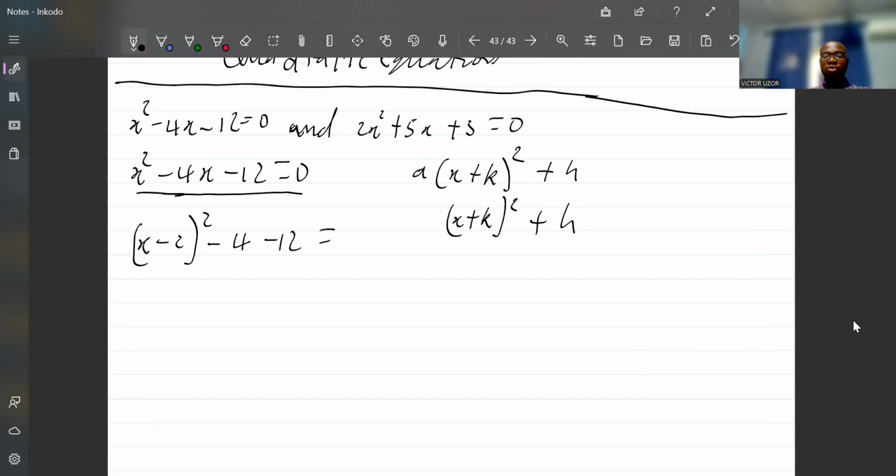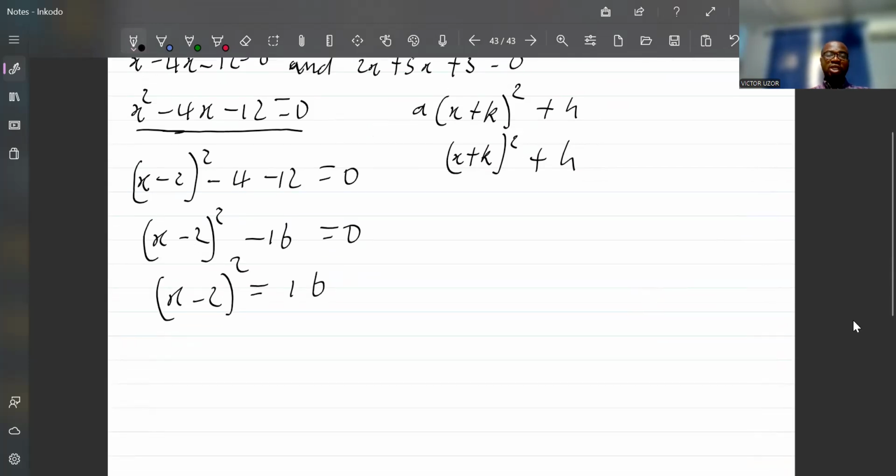Then I'll equate it to 0. So from here, I can solve it as fast as I can. Minus 2 squared, and negative 4 minus 12 will give me negative 16 equals 0. So I will take it to the other side: x minus 2 squared equals 16. Remember there is a square there. I've successfully put it in the vertex form.